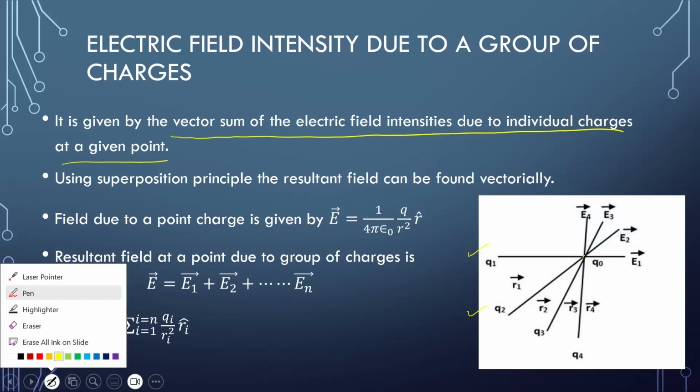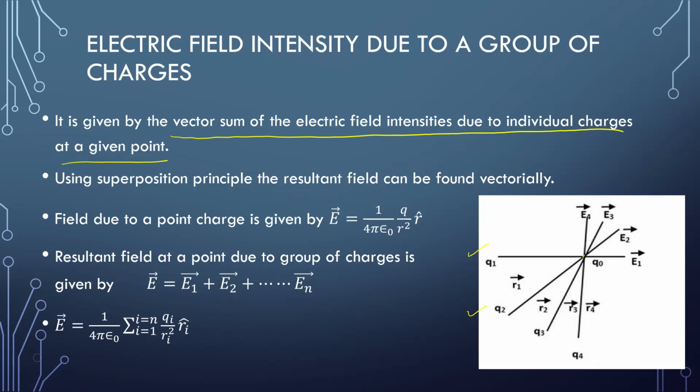Now the distance of Q0 from Q1, let us say, is R1 vector. Distance of Q0 from Q2 is, let's say, R2 vector. Similarly, R3 vector is the distance of the test charge Q0 from Q3, and also R4 vector, and so on.